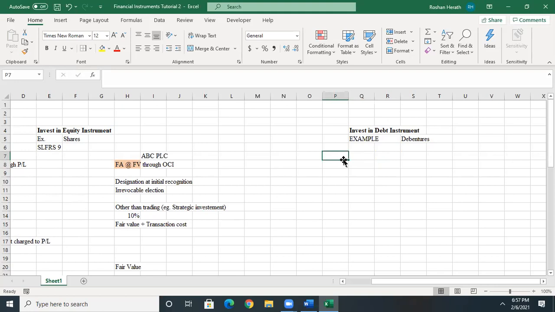What these two tests are: one is called the business model test.